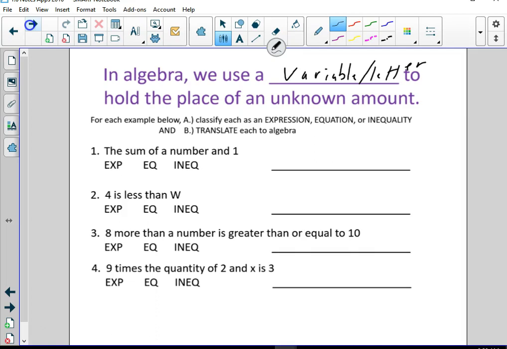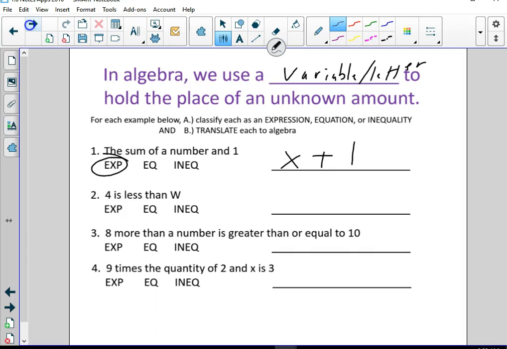So the sum, I'm going to actually work backwards. I'm going to translate first. The sum of a number, unknown, and 1. What is that? Expression, because there's no equal sign, right?